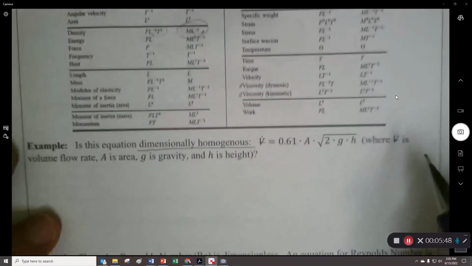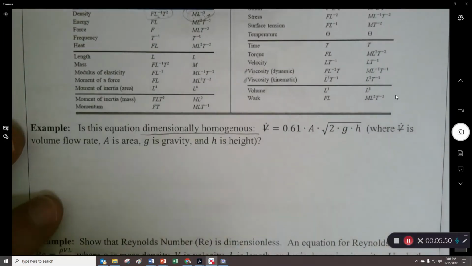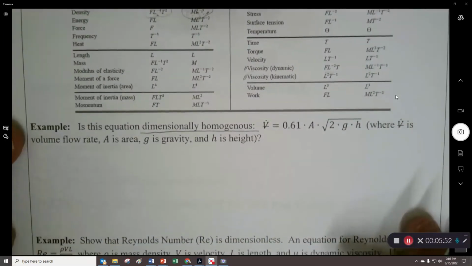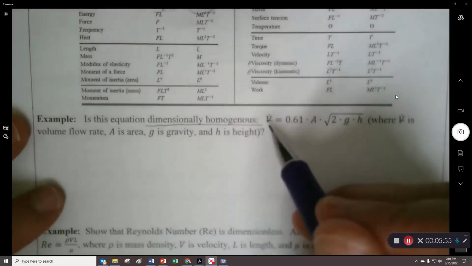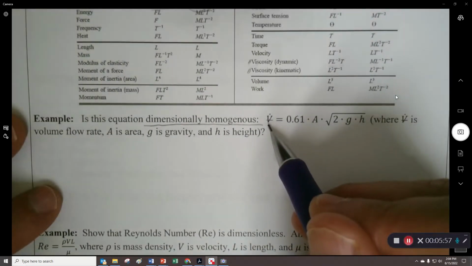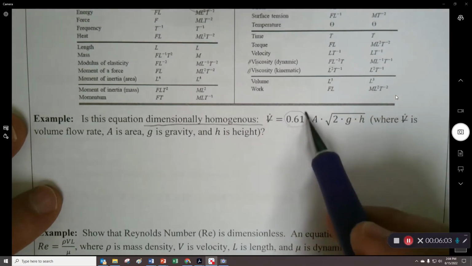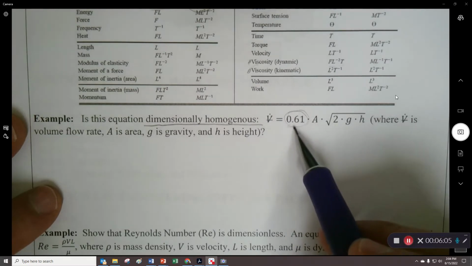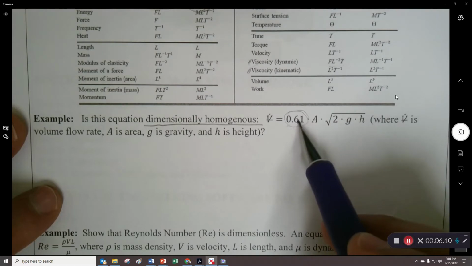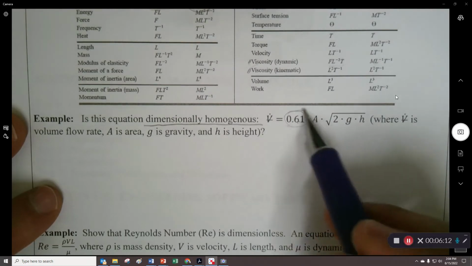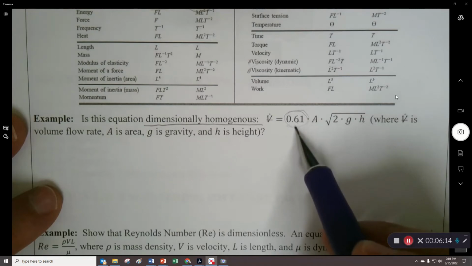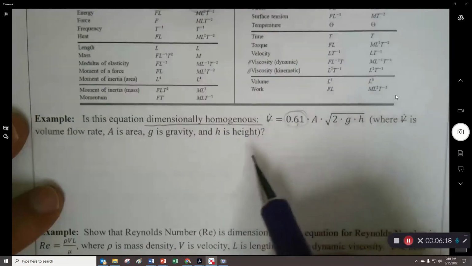You've probably already been doing it, but you should do this throughout your entire career: always look for whether an equation that you see is dimensionally homogeneous, because sometimes, with proprietary stuff, not out of a good textbook but out of codes and standards, this parameter here, this value that you're given, might actually have dimensions to it. So a good question is, is this dimensionally homogeneous?